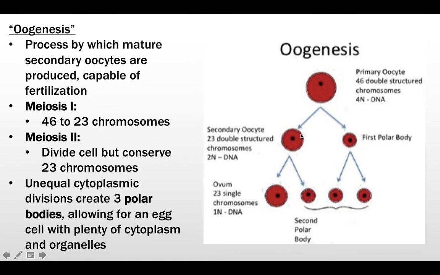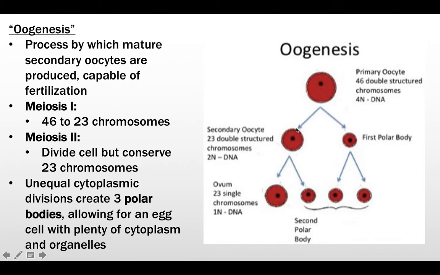We're going to go through a second division where we have another unequal divide here, and that polar body forms two more. Ultimately, what we ended up with in the male spermatogenesis was 4 viable sperm cells. That's not going to be the case in oogenesis.